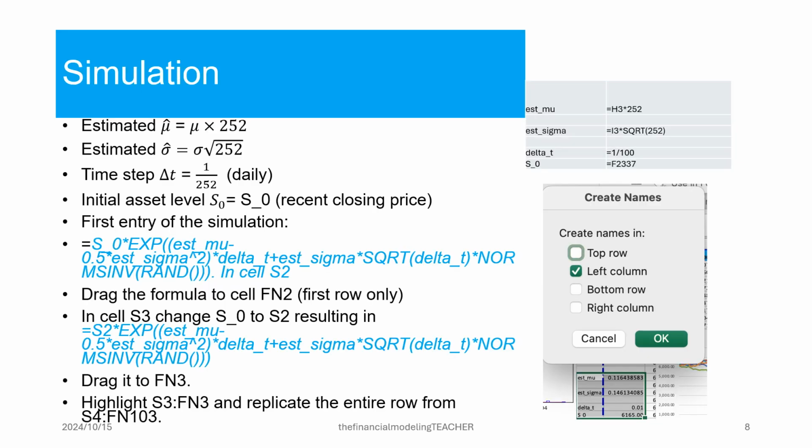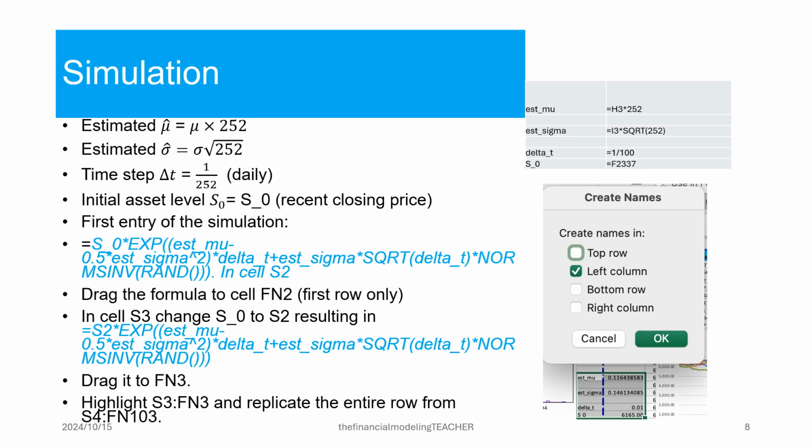So we now apply that equation in order to perform our simulation. We let the estimate mu hat. We all know the practice of denoting estimated parameters with a hat.